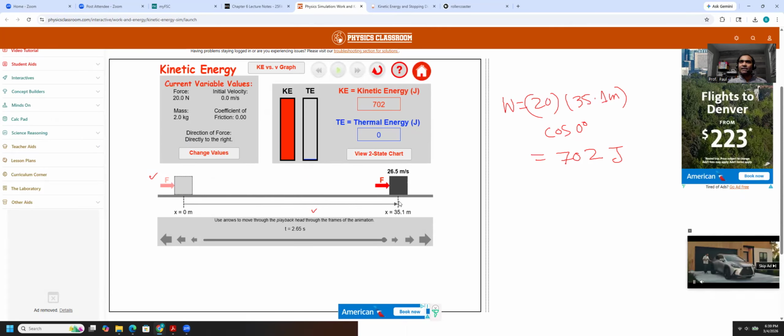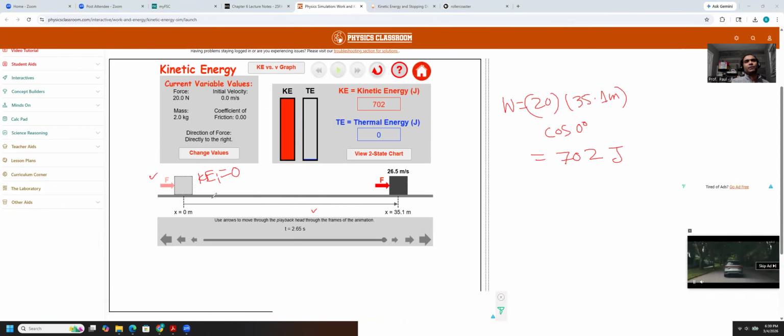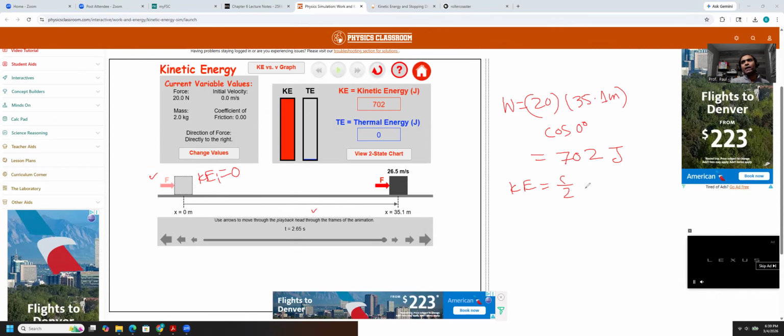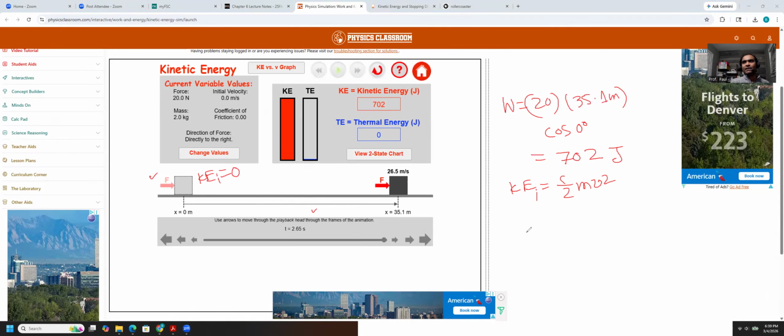Kinetic energy changes, and if you use the kinetic energy equation, the initial kinetic energy is equal to 0 because v equals 0. Remember that kinetic energy is equal to half mv squared. So this is the initial kinetic energy.